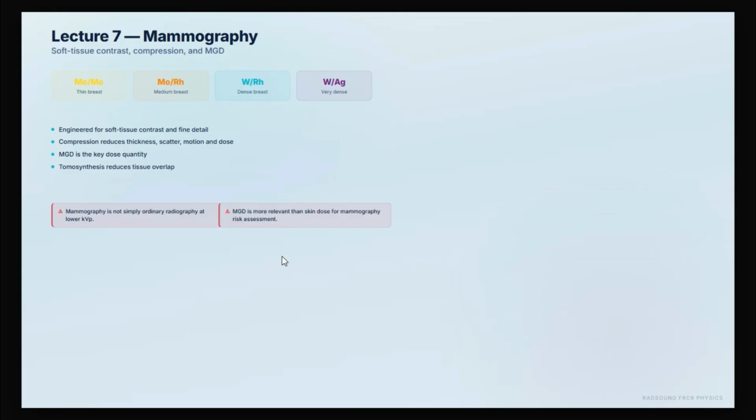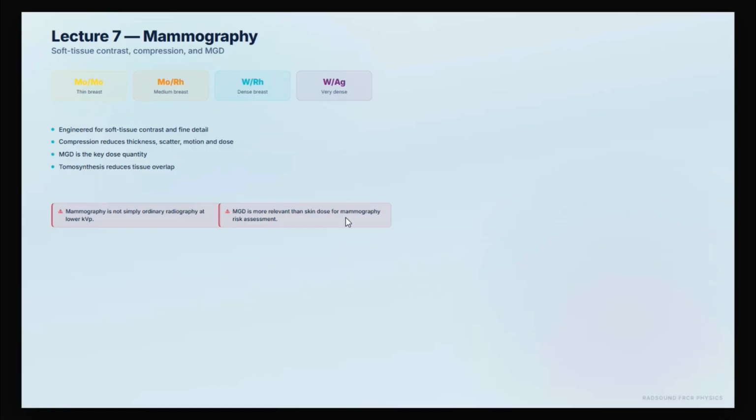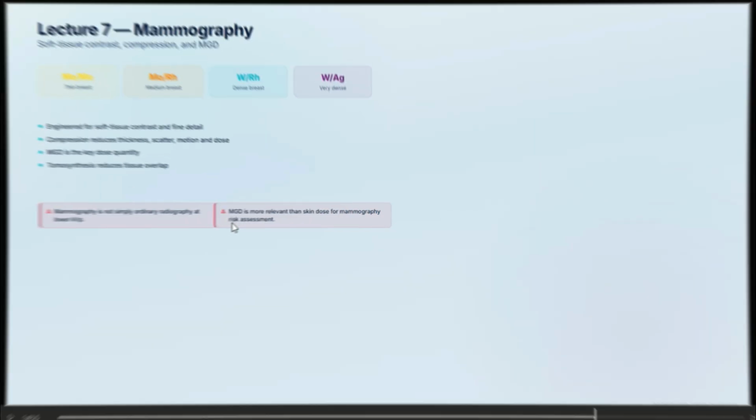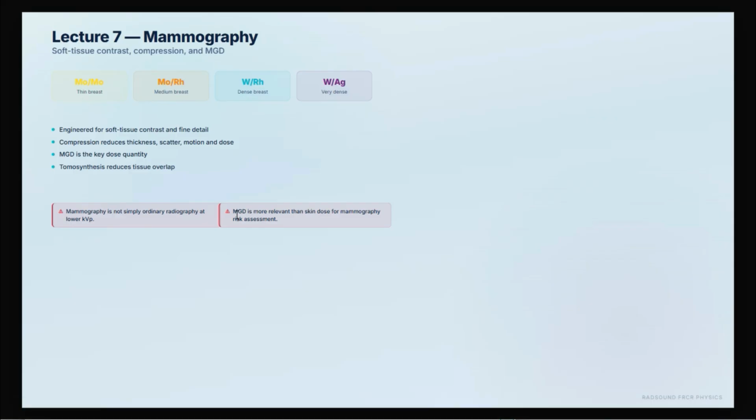Then lecture 7, mammography. The most important thing in mammo is to understand the target filter combination, and the denser breast is prepared using higher kVp, with the upper limit around 35 kVp. Importantly, another very critical thing is MGD, mean glandular dose, which is more relevant to the glandular tissue of the breast.